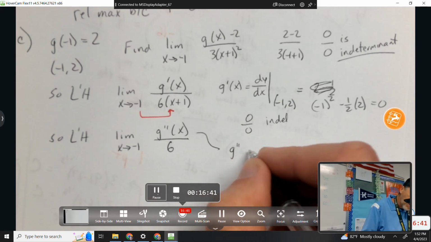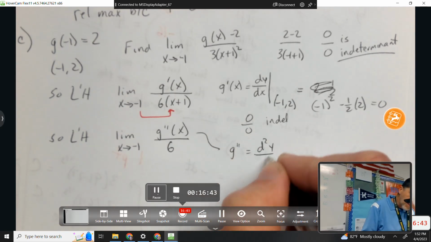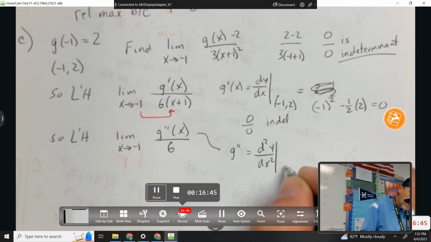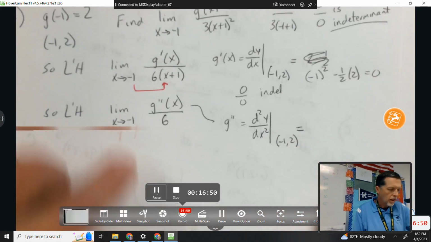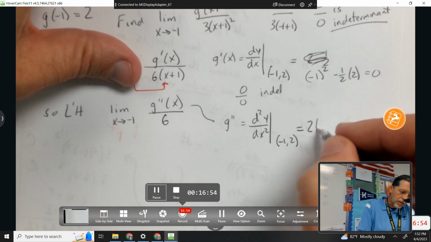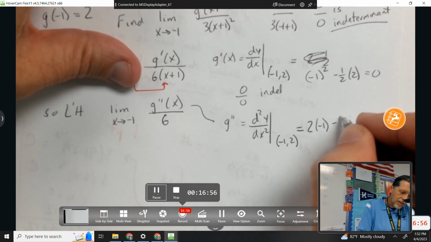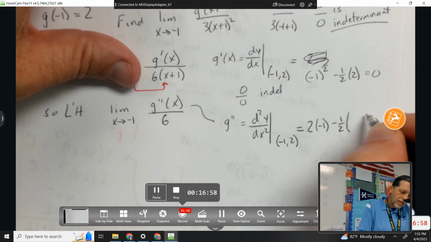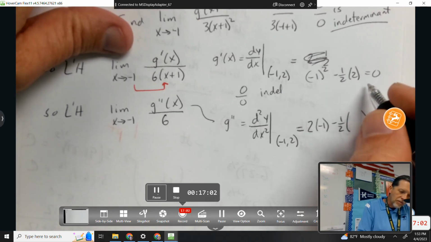So the second derivative at -1, 2. The second derivative, way up there at the top, is 2 times x minus 1/2 times dy/dx. Didn't we just find dy/dx?